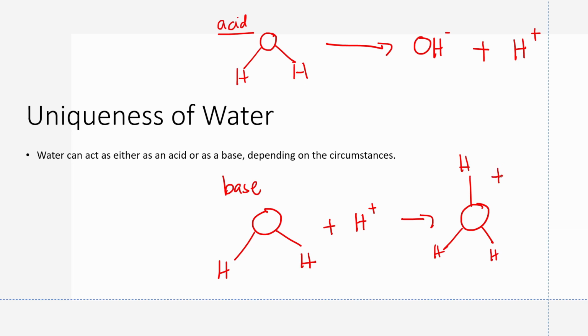Hydronium ion is net positive in nature. Again, water giving off a hydrogen atom acts as an acid. Water that receives a hydrogen ion, which becomes hydronium, acts as a base.